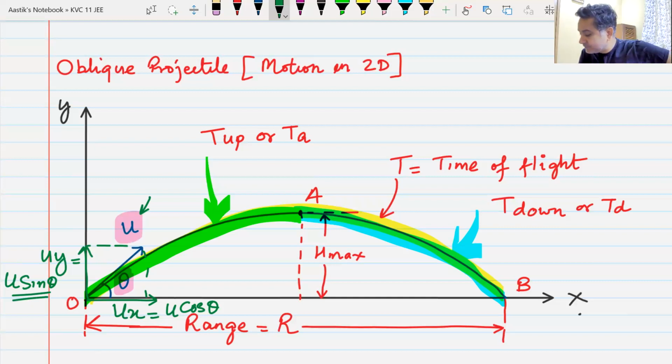Okay, now remember, the only force acting on this body is what? It's gravitational force. And therefore, wherever it goes, there's only one force acting on this body.